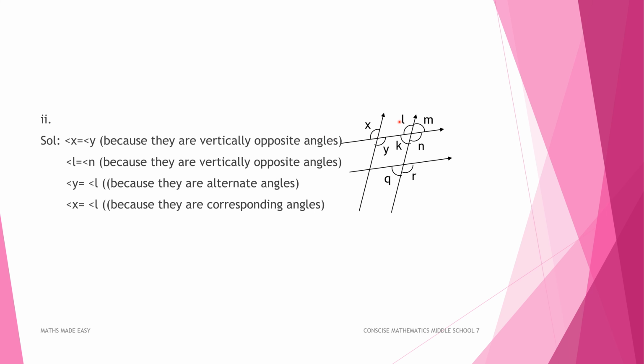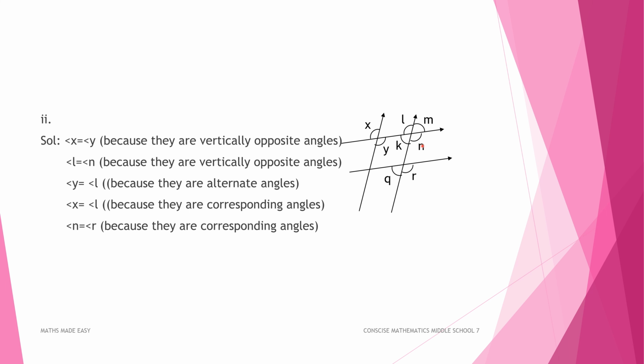And in between them, you can find one more angle over here, right? So always for a corresponding angle, in between them there will be one more angle over here. So X and L form corresponding angles, and always the two corresponding angles are equal.